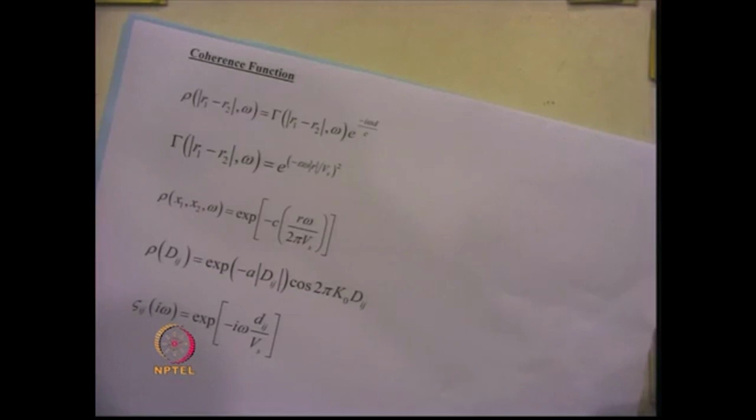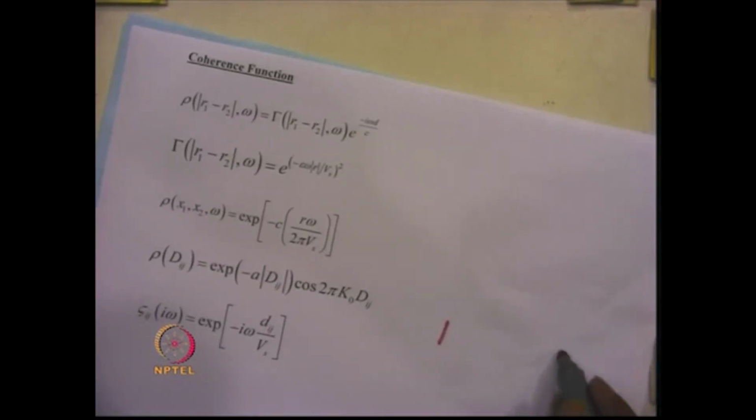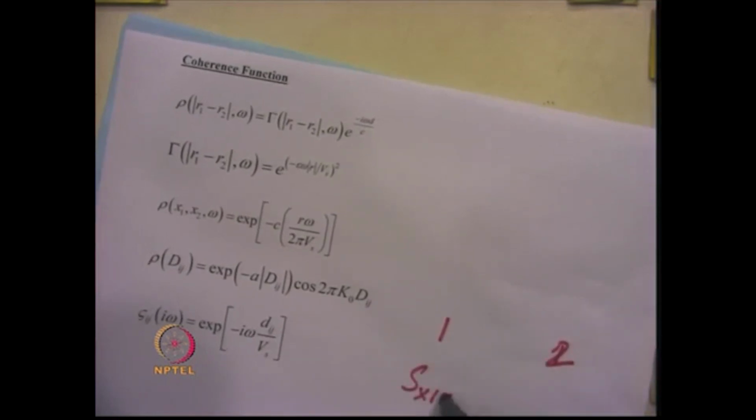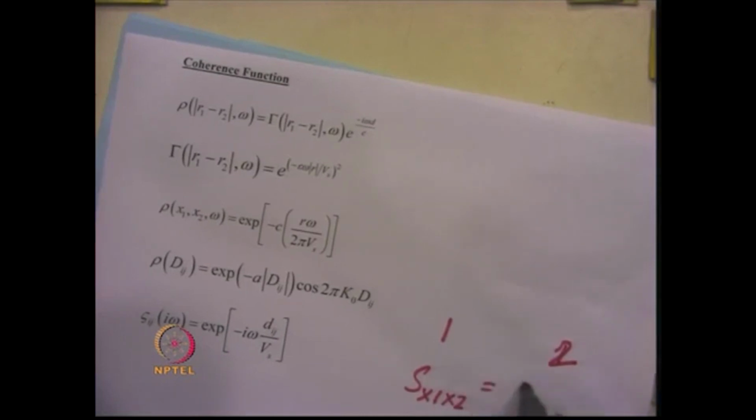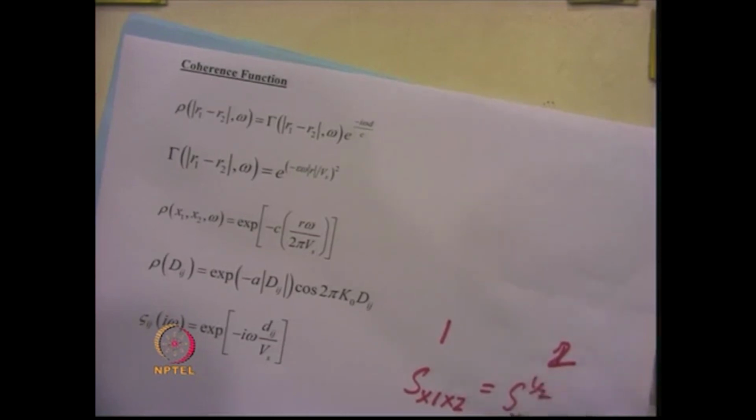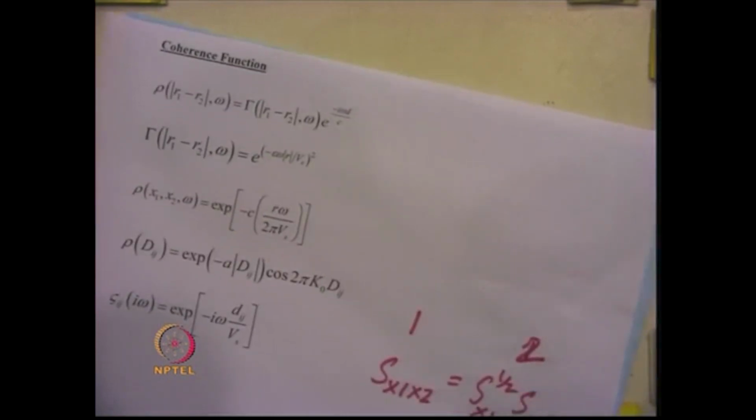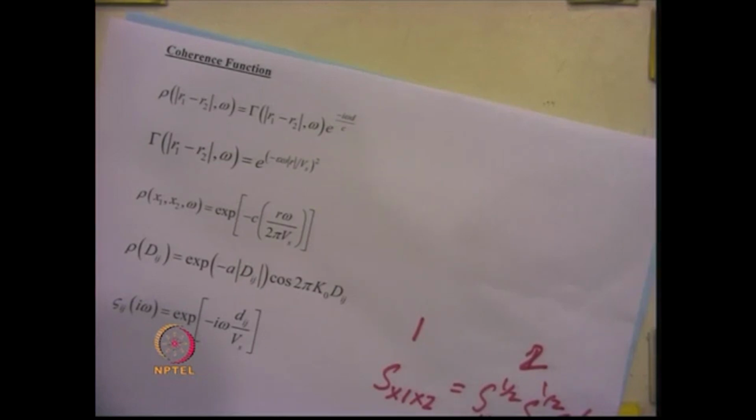We work out the cross power spectral density function between 2 points 1 and 2, Sx1x2, to be equal to Sx1 to the power half into Sx2 to the power half, multiplied by a coherence function that is a function of omega and the distance between the 2 points r.